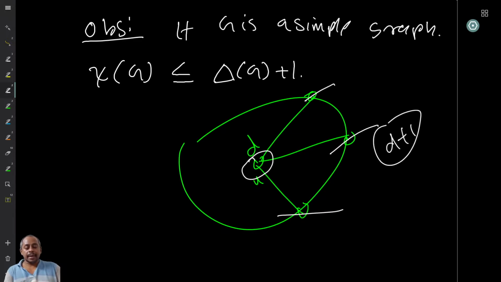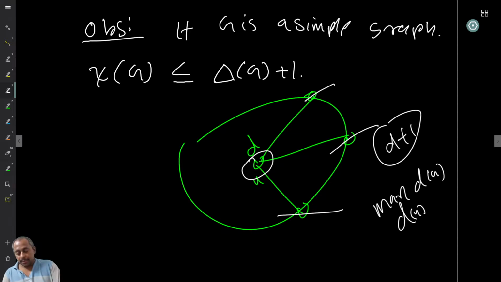Now delta is the largest such D. We are looking at the maximum over all vertices U of the degree D of U. That is delta, and therefore D of U is going to be less than or equal to delta.